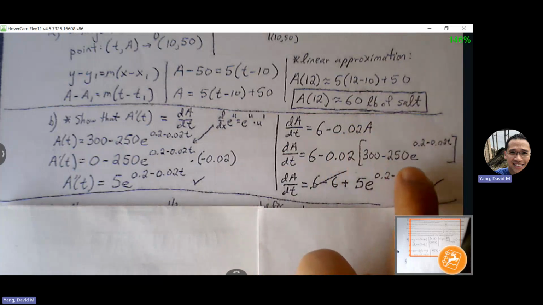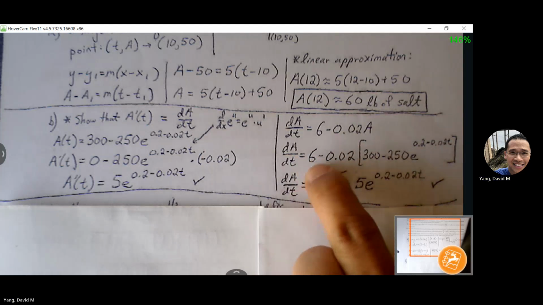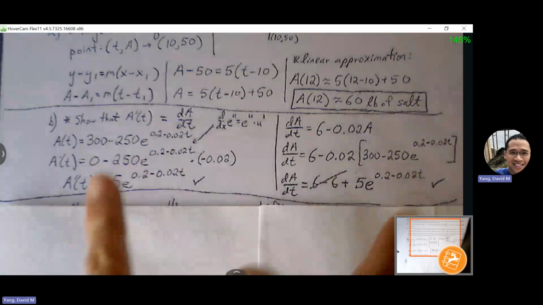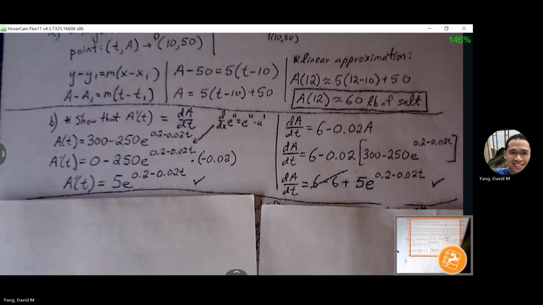So if I replace A with that 300 minus 250 e to the negative 0.02t, and distribute the negative 0.02 through and combine like terms, I can get both sides to match, and that's what I want. It's kind of like doing proofs where you're working on both columns to get both sides to match to show that they're equivalent.